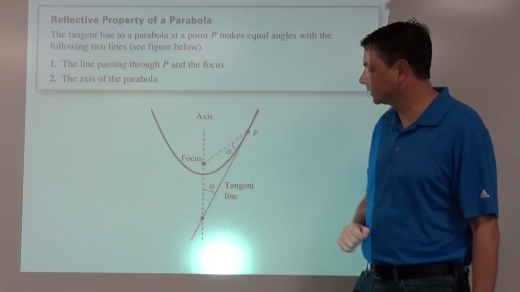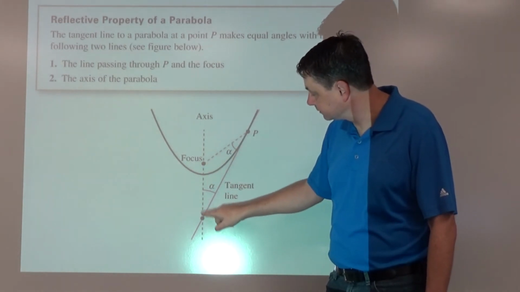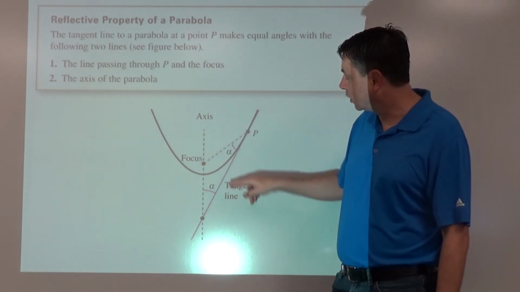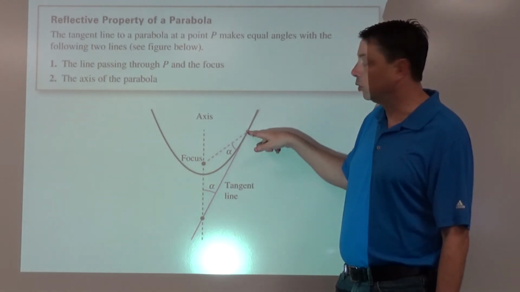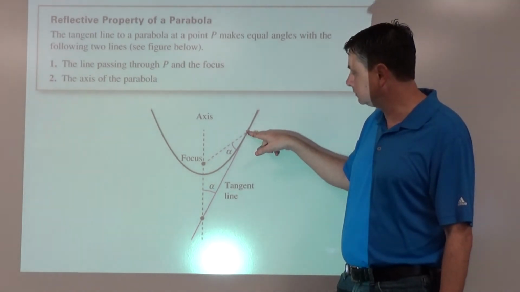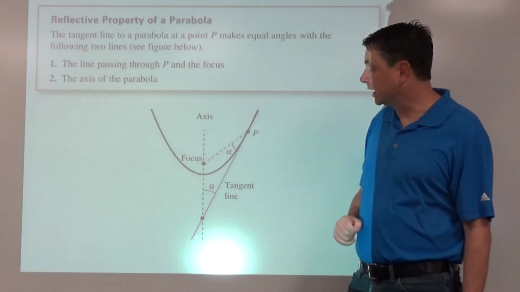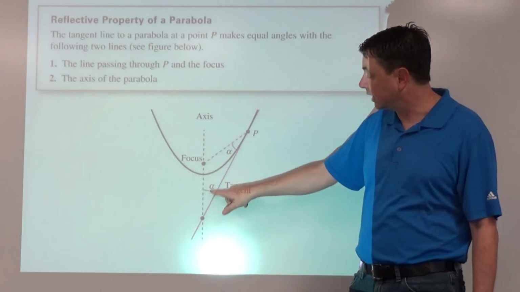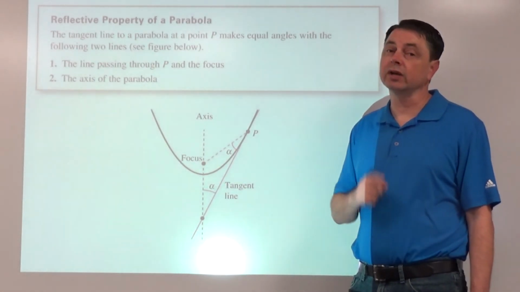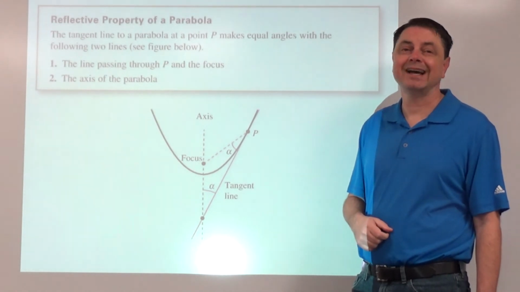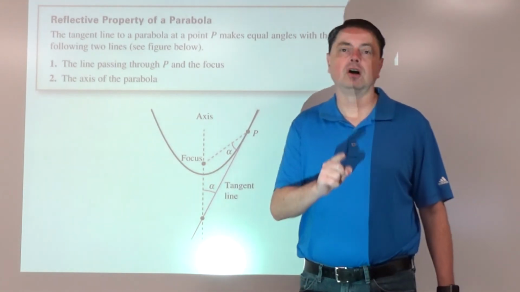If we think of the focus, the point where the tangent line intersects the axis of symmetry, and the point of tangency as the vertices of a triangle, because we have congruent angles, this is an isosceles triangle. Isosceles triangles also have congruent side lengths, so this distance and this distance are also equal.